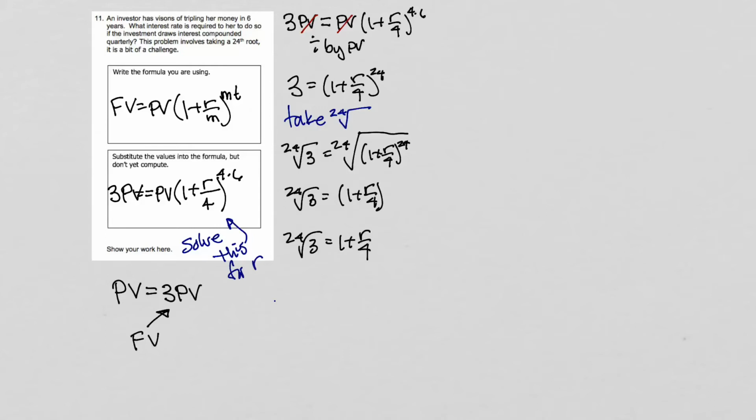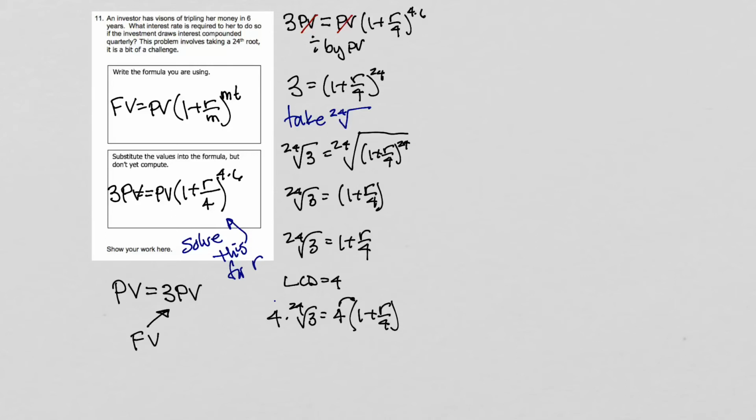And now this equation involves a fraction, a rational expression. So I know what to do. I'm going to get the LCD, the least common denominator, which is 4, and then I'm going to multiply both sides by 4. So it looks like this. Technically, it's 4 times the 24th root of 3 equals 4 times that whole left side, 1 plus r over 4.